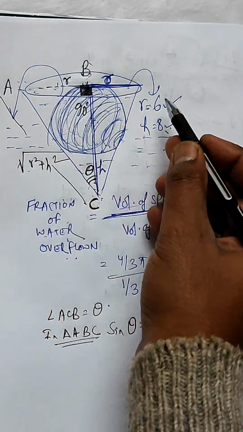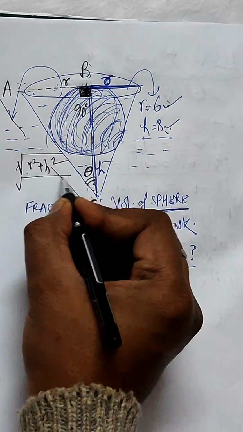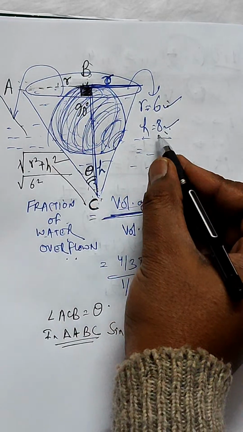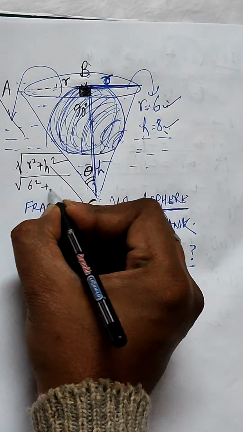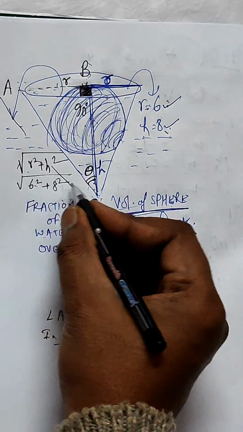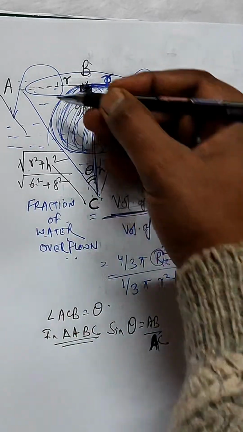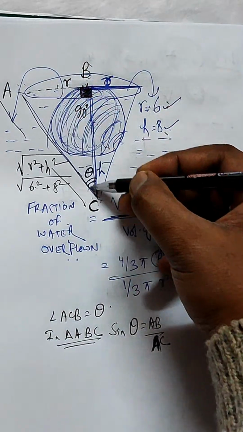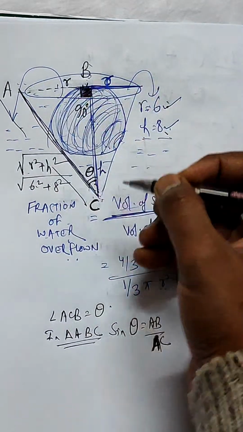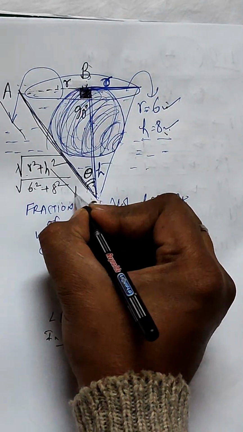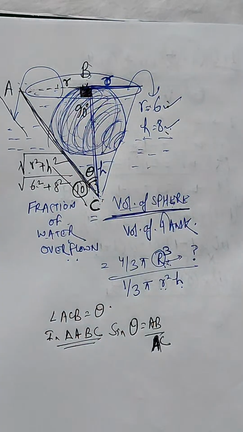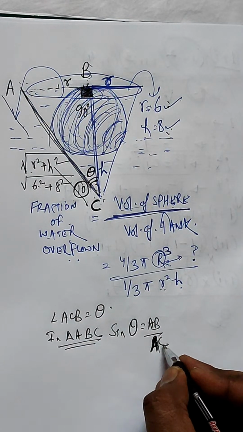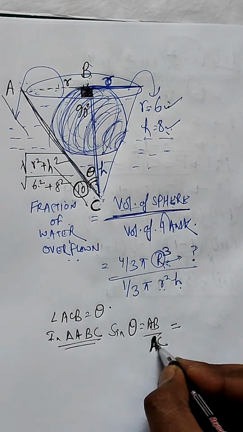What is r square? r square is 6 square. What is h square? That will be 8 square. So this gives 36 plus 64 is 100. So the slanting height of this conical tank is root over 100, that is 10. Right? So just put the value of 10 in place of AC.